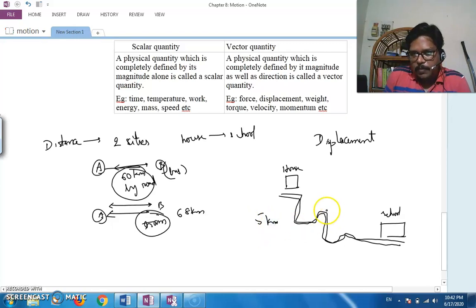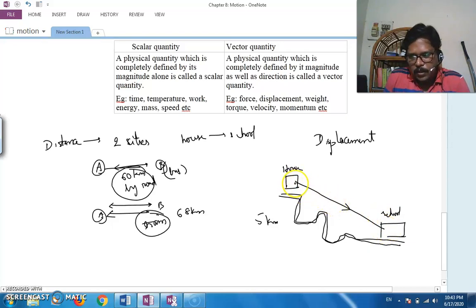Then what is displacement? Displacement means, irrespective of the path, the shortest distance between your house and the school in a particular direction. There need not be any path here. It is a straight line drawn from your house, an imaginary one.